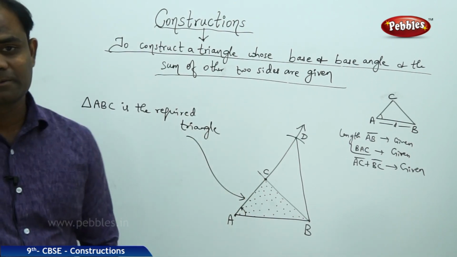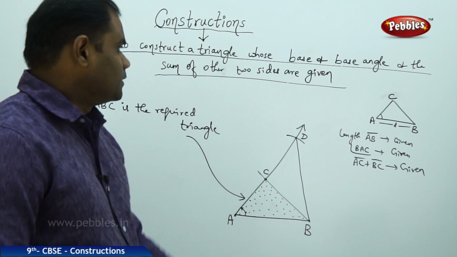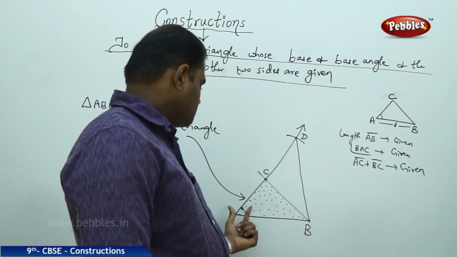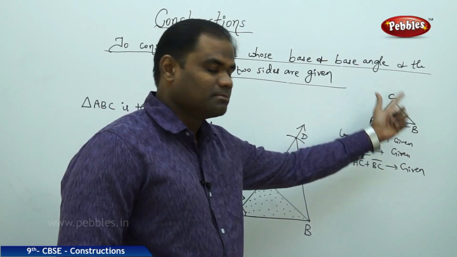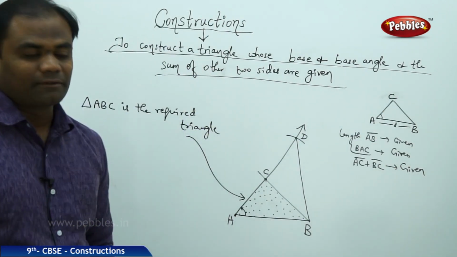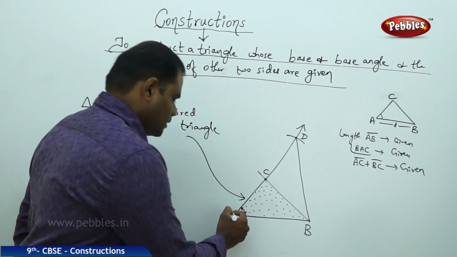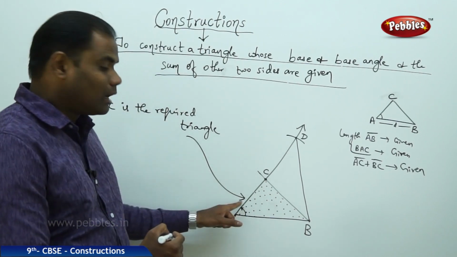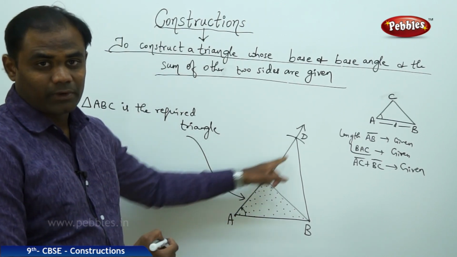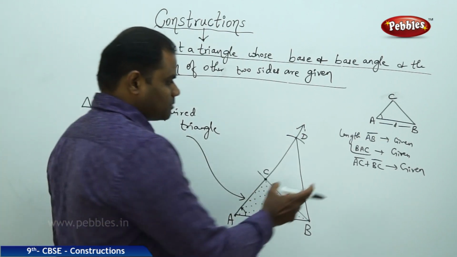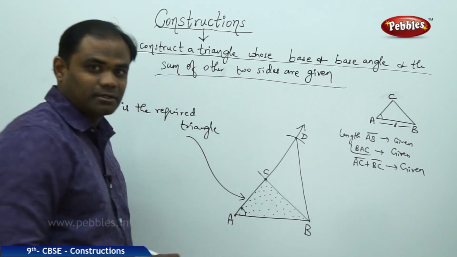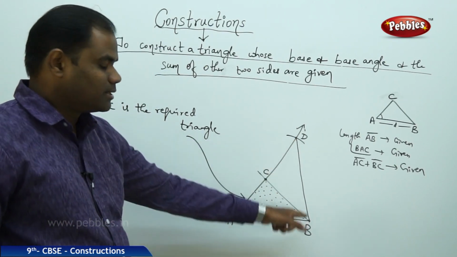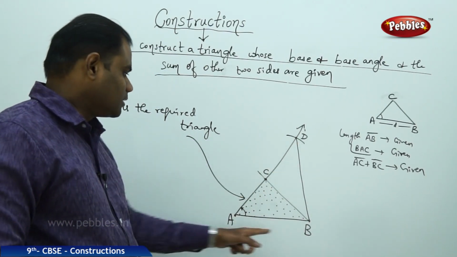As how we get when there's a base given, base angle given, and sum of two sides AC plus BC is given. I first draw the line AB, the base, and then make an angle with the protractor, and then take the measurement of AC plus BC. From A, I cut with the same measurement, it cuts at D. I join DB, then I get a bigger triangle ABD.